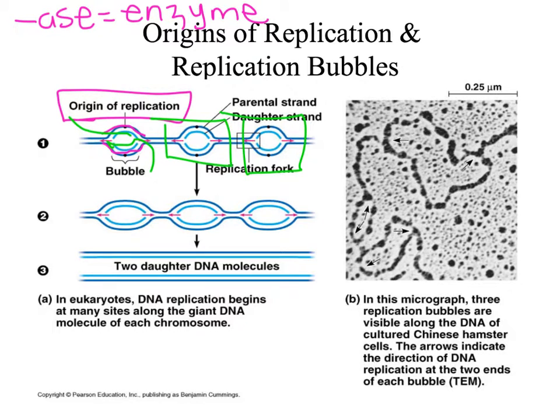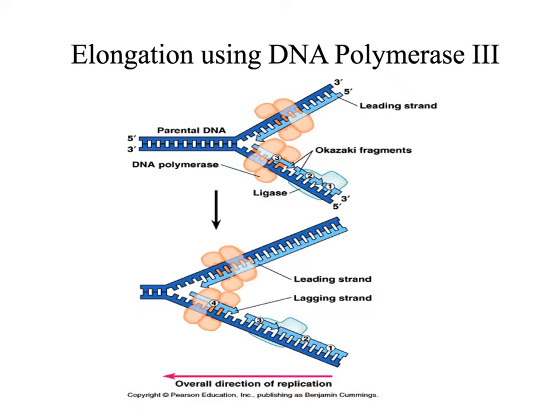So, DNA replication elongation. I think that's the next slide we have. So, elongation, what does it sound like? Making it long. It's making it longer, right? What is it making longer? Well, look at your notes. What does it say?